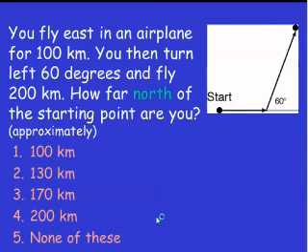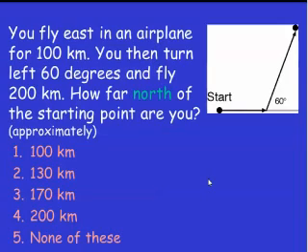Okay, so what I want you to do is look at this problem, and using the components of this displacement vector right here, I want you to see if you can answer these questions that follow.